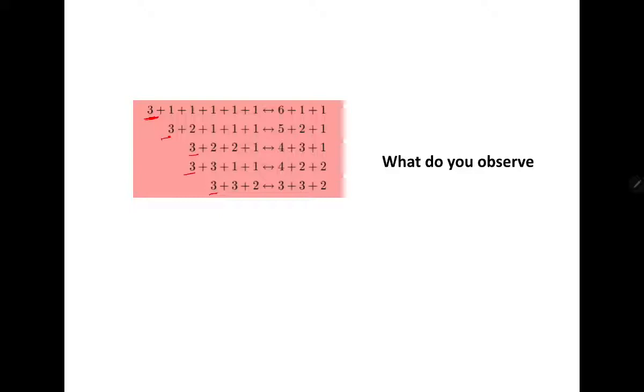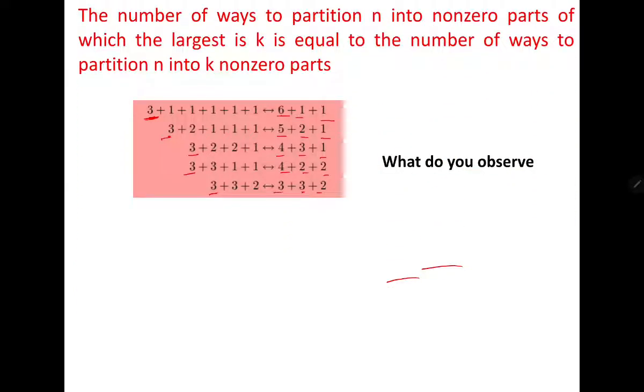It is equivalent to the number of terms used, which means we can say from this image that the number of ways to partition n into non-zero parts, of which the largest is k, is equal to the number of ways to partition n into k non-zero parts.